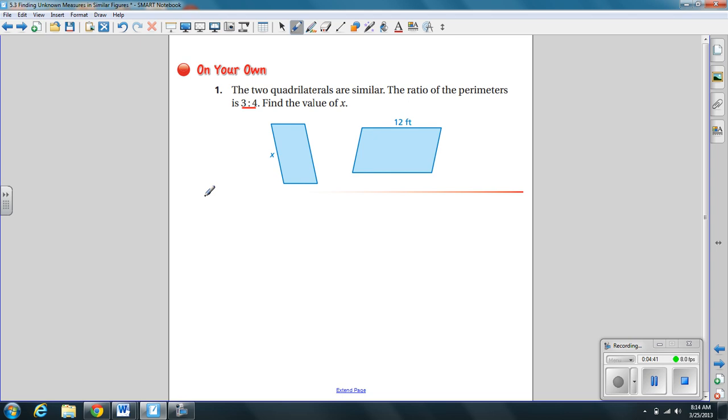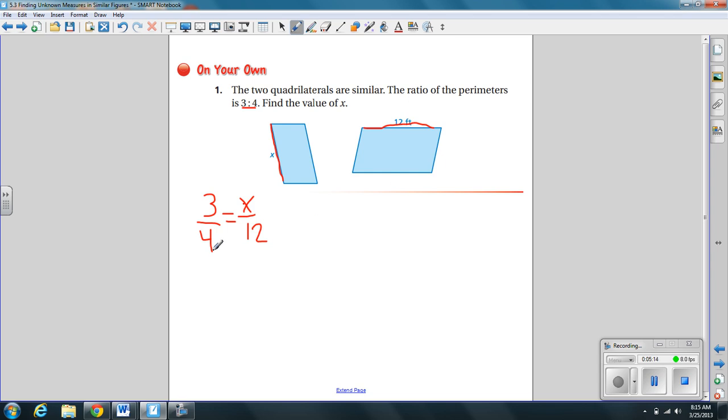So to find the value of x, we write the ratio that's been given to us, 3 to 4, and set that equal to the numbers that we do have to their corresponding sides, x to 12. Okay, this side x corresponds to this side 12.